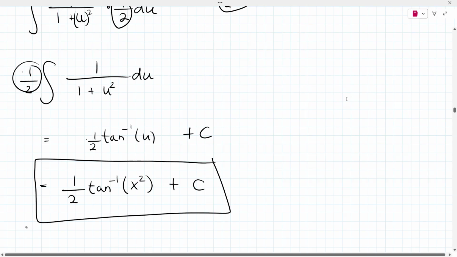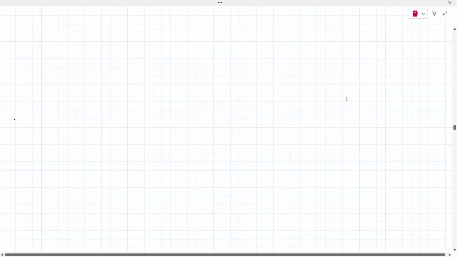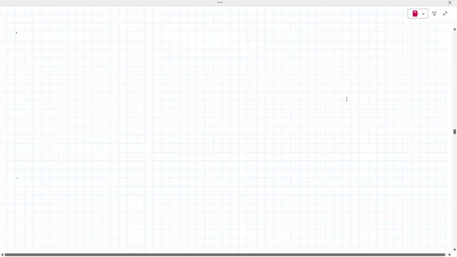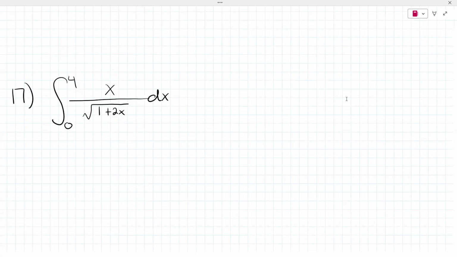Okay, let's move on to 17. We have x over square root of 1 plus 2x, and I think we could just get away with using regular u substitution.